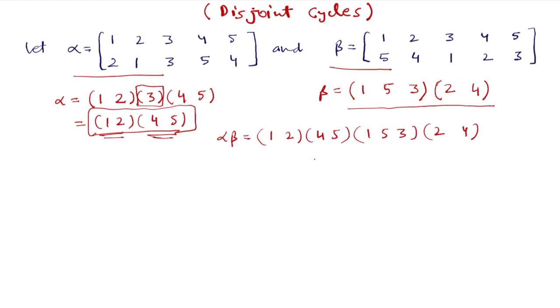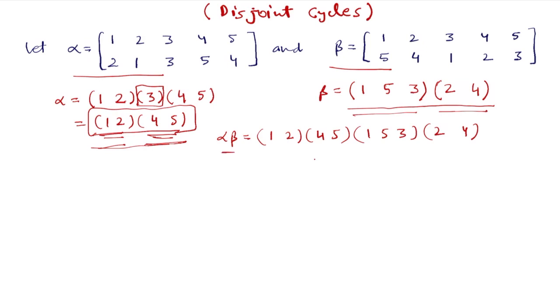In the first cycle two symbols are appearing 1 and 2, and in the second cycle again two symbols are appearing 4 and 5, but there is no common symbol between these two cycles. Similarly, beta is also a product of two cycles (1 5 3) and (2 4), and there is no common symbol between these two cycles.